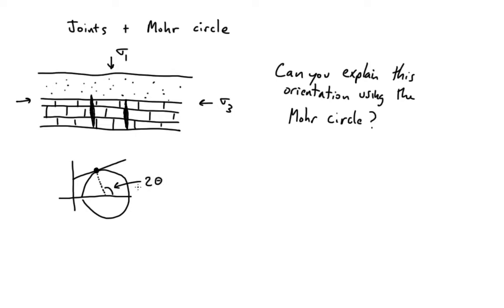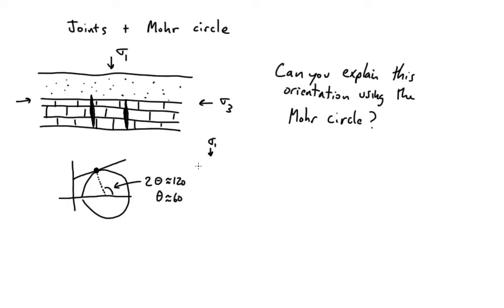And that theta, in terms of real space with sigma 1 coming down, so this 2 theta here is about 120 or so. So this would be theta around 60.